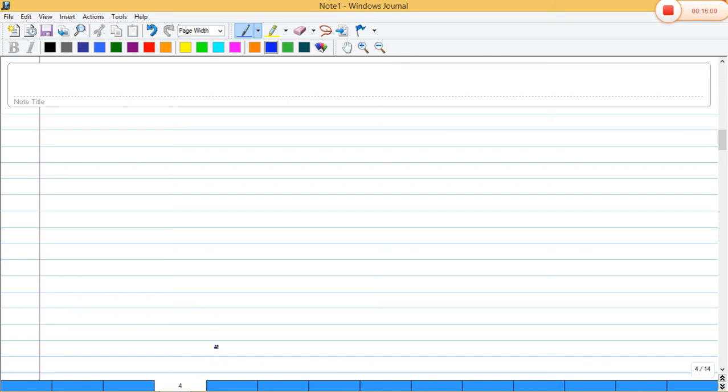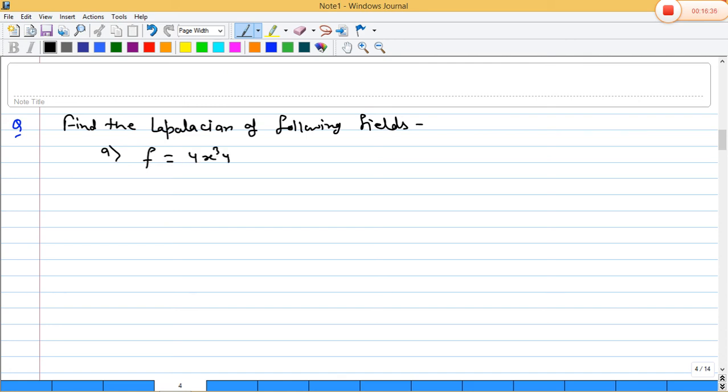Now next question. Find the Laplacian of the following fields. (a) If given 4x³yz plus 2xyz, and (b) if the vector is given as 3xyz x cap plus y²z x cap plus 3xyz y cap.